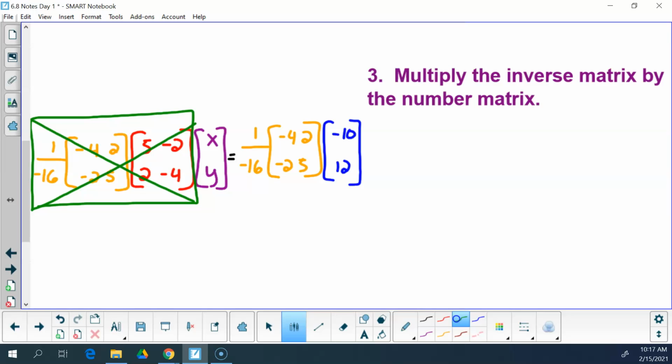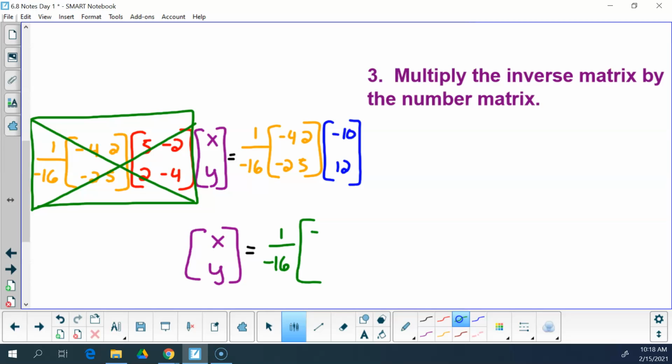That's the cool part. So all that's left over on the left side is matrix x, y. That's what we want. We want to know what x is and we want to know what y is. On the right side, we just have to do this multiplication. Now, I would recommend waiting to multiply by the negative 1/16 until we're done.